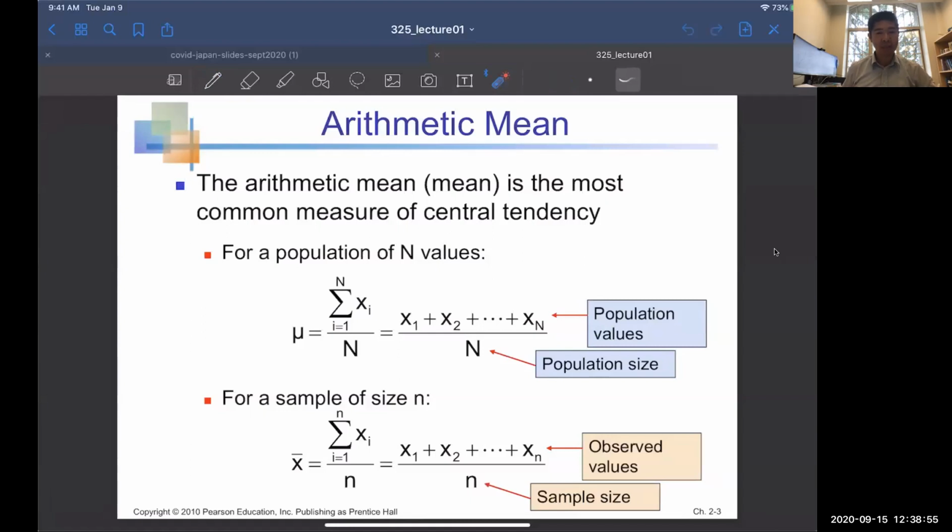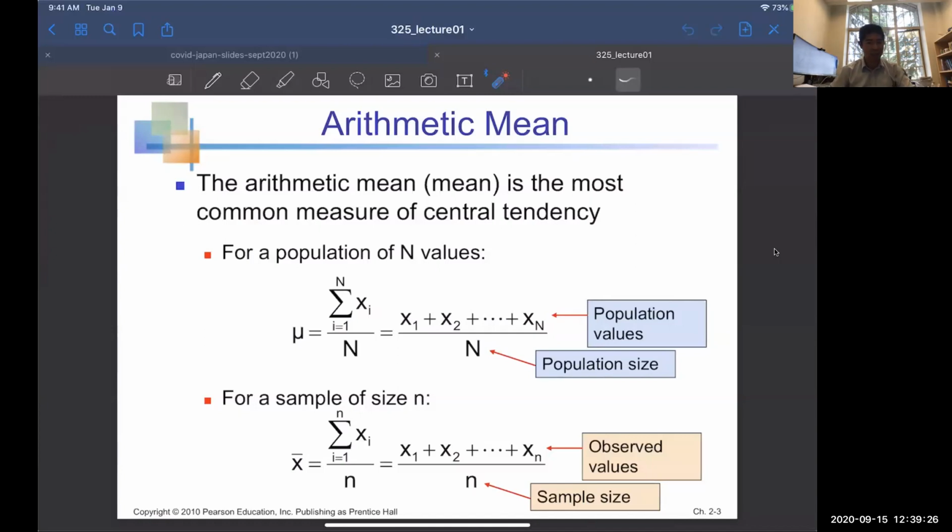But population, in principle, is everything going on in the real world if you have all the information. So say you're interested in extracting information about all Canadian households. In the census year, they try to get data for everybody in Canada. Then you have a population of Canadian households.